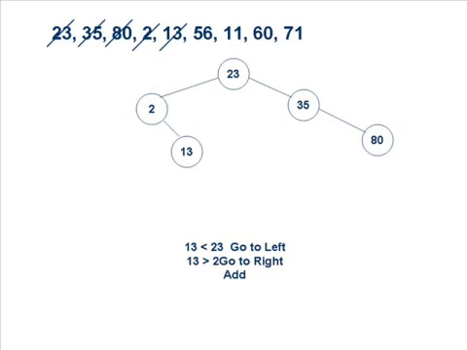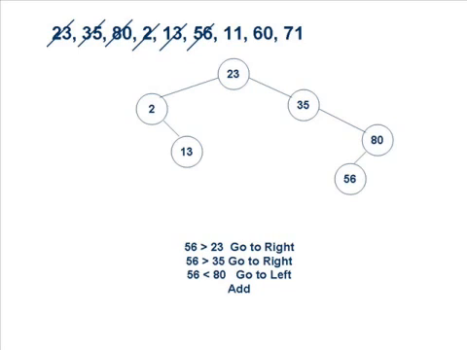We compare it with 23. 13 is smaller, so we move to the left hand side of 23. We again compare it with 2. 13 is larger than 2, so we move it to the right hand side of 2.